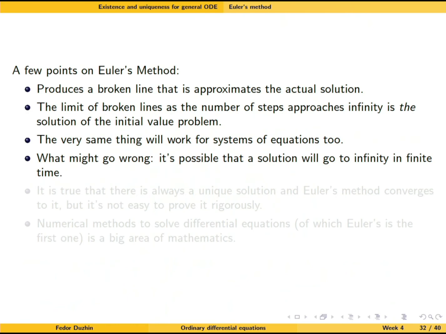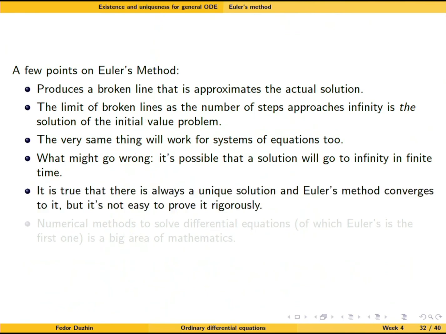However, the situation is slightly more complicated than it looks at first glance. So what is possible is that when you construct this successive approximation, then you can get something like this. So the first approximation looks like this, the second approximation looks like this, the third approximation looks like this, and so on. Which means that the end point of these approximations goes to infinity, right?